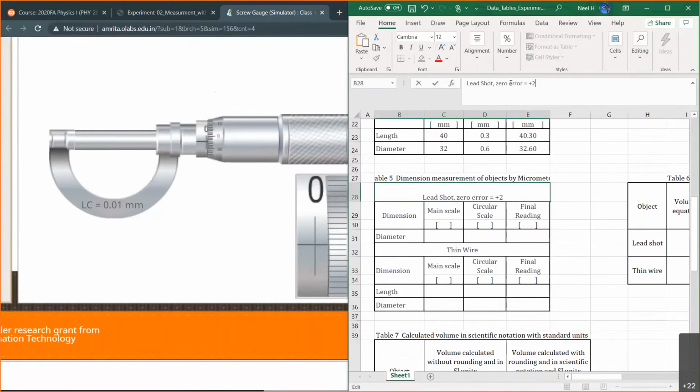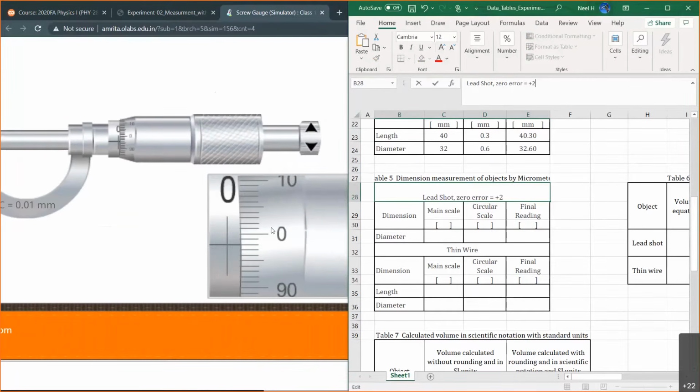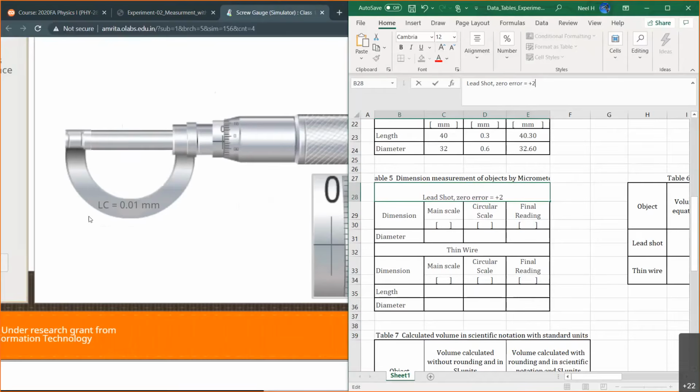Each segment line, you see those parts are very similar to the previous instrument. Each segment line is actually called the least count, similar to the Vernier scale; this is the circular scale. One of these lines represents the least count. That least count value is usually given on your instrument. In this instrument it is 0.01 millimeters.